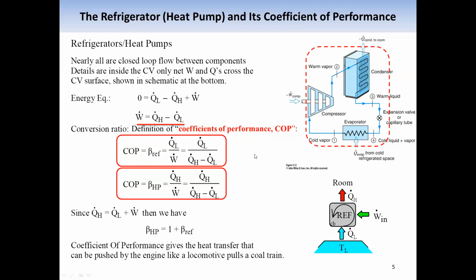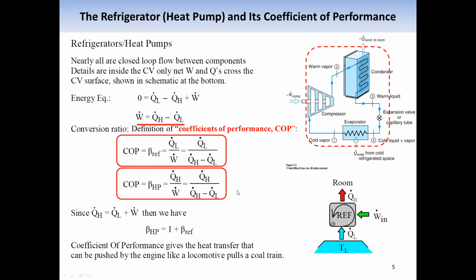And the second COP is defined as the total energy released to the environment divided by the electrical energy provided to the unit, to the refrigerator. Again, if we replace this term by the energy balance equation, we get this expression.